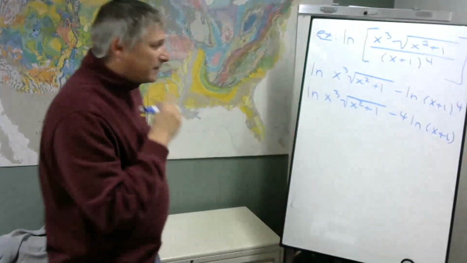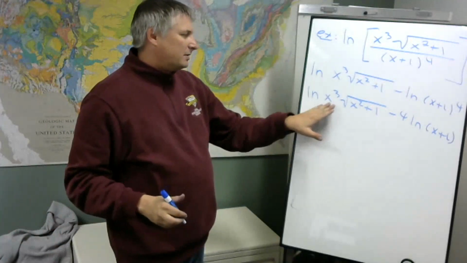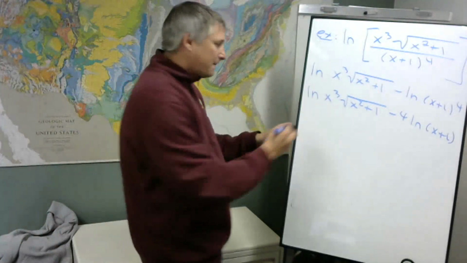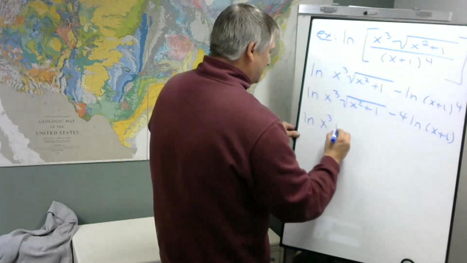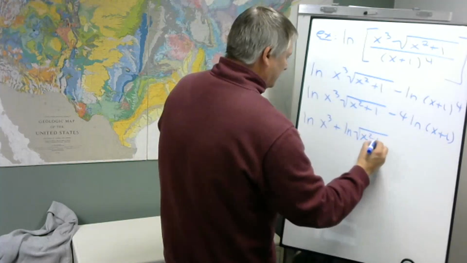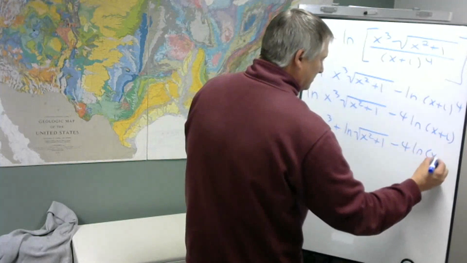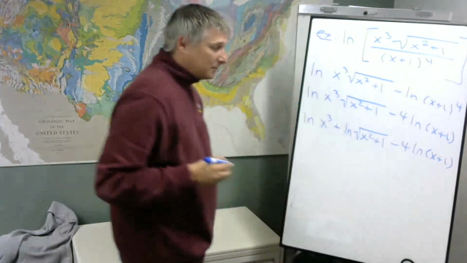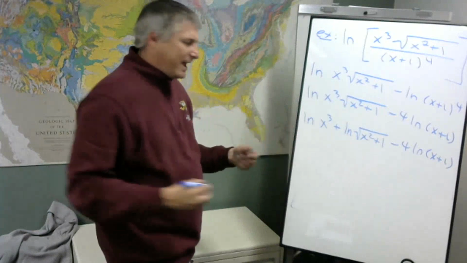That's the best we can do for that. Now this is a product of x cubed and square root of x squared plus 1. So this will become natural log of x cubed plus natural log of the square root of x squared plus 1, minus 4 natural log of x plus 1. And this we can treat as being a power of a half.